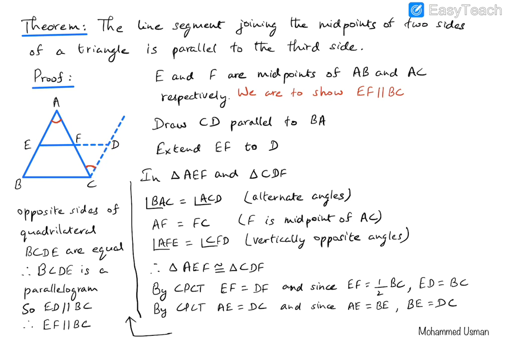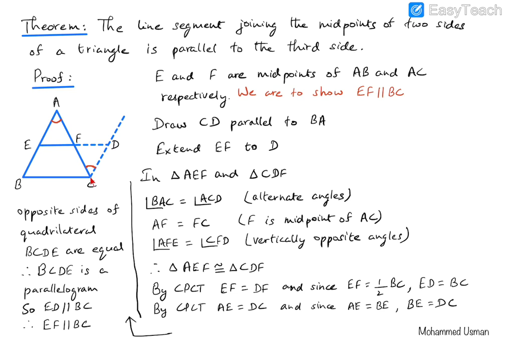So we extend EF until D. Now we have these 2 triangles, triangle AEF and triangle CDF. We are going to check for the congruence of these 2 triangles and then prove that EF is parallel to BC.